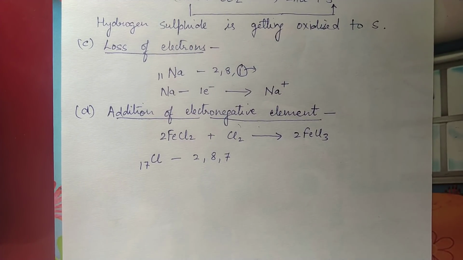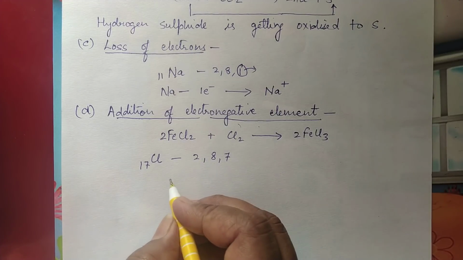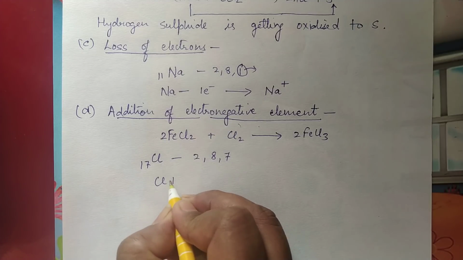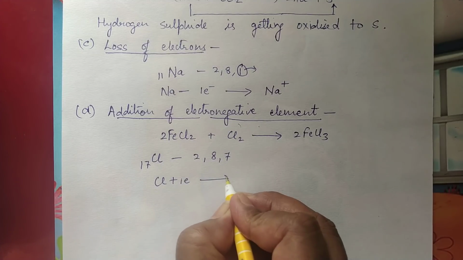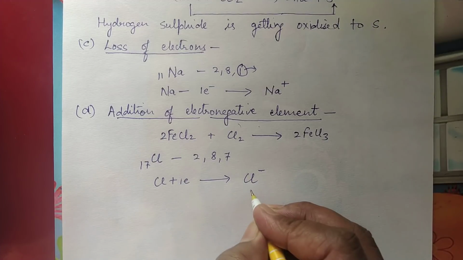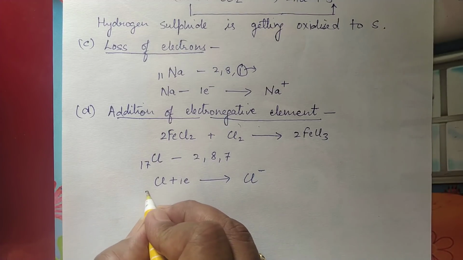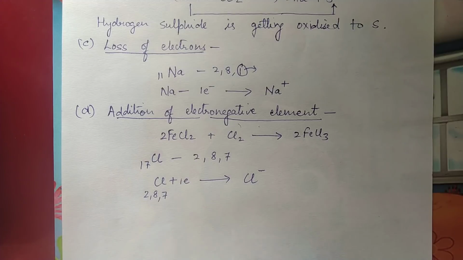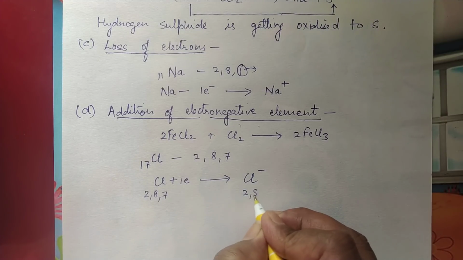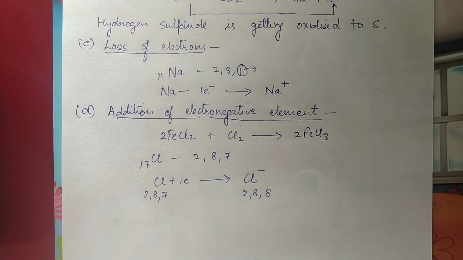To attain a stable configuration, chlorine will gain one electron and become Cl minus, that is chloride, with electronic configuration 2, 8, 8.